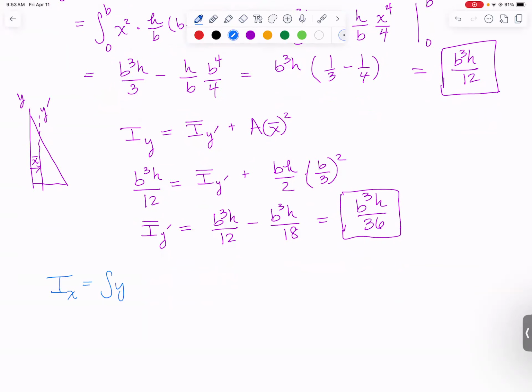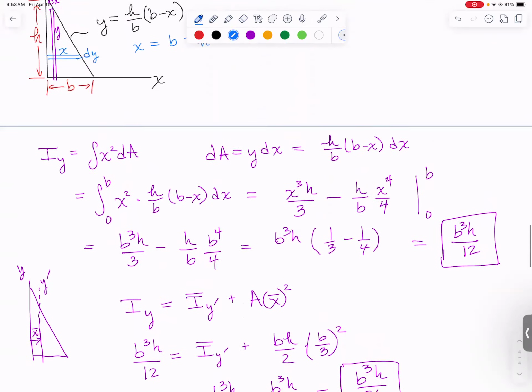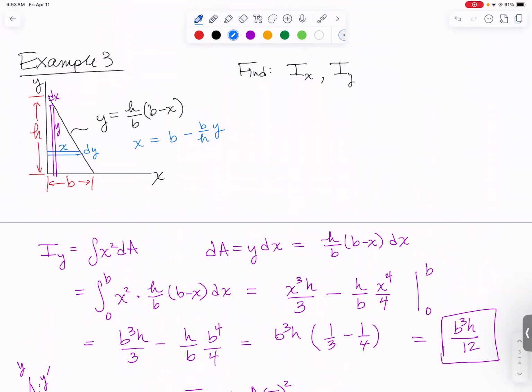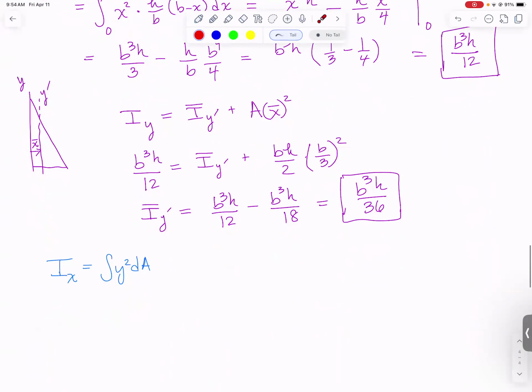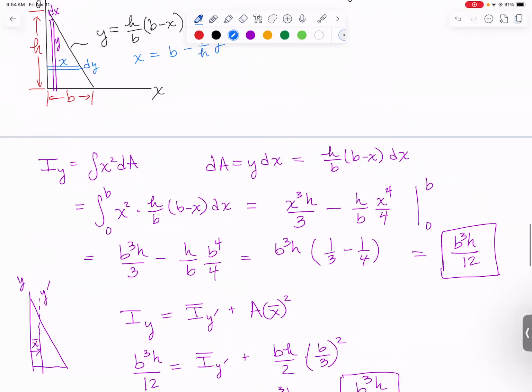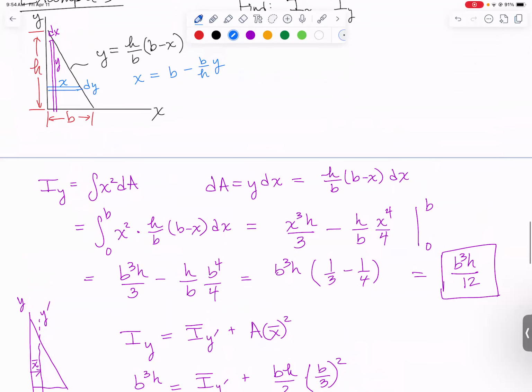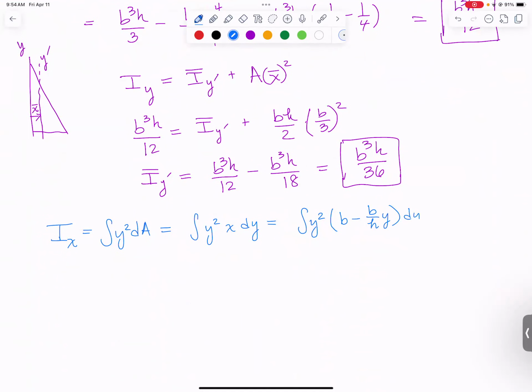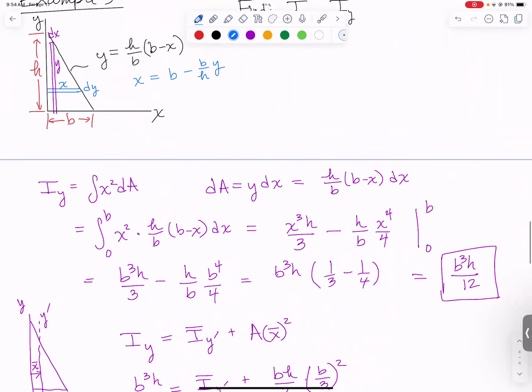It's the integral of y squared dA, and the dA we want to use is the blue rectangle, the horizontal one, x dy, and then we're going to replace x with what it's equal to. So we've got integral y squared x dy. So it's the integral of y squared, and x was b minus b over h y, dy. And we are integrating from the bottom to the top.